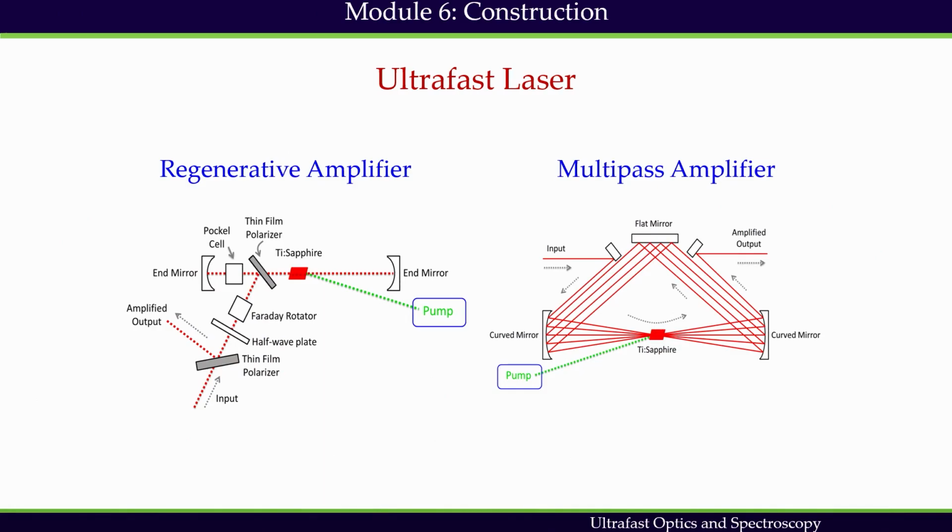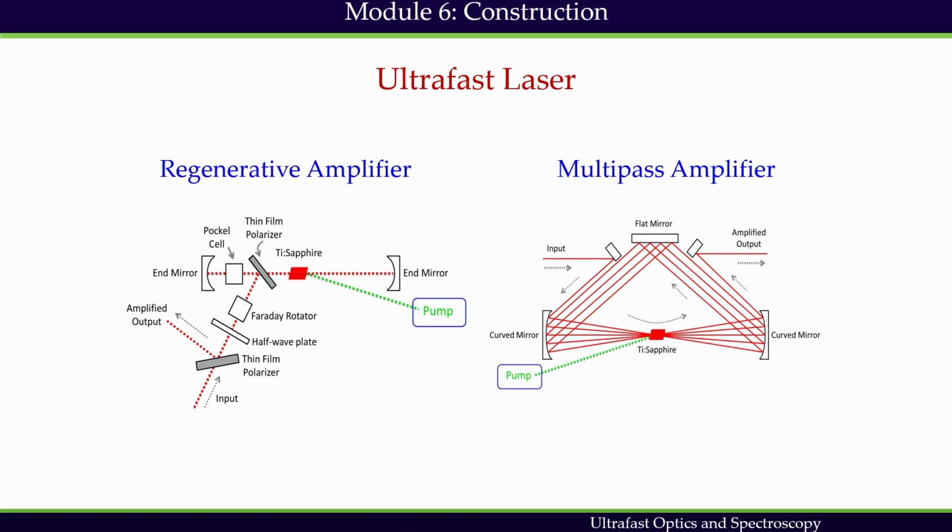Amplification of chirped pulses is done by titanium doped sapphire, a material having very desirable characteristics: very high damage threshold, high saturation fluence, high thermal conductivity.